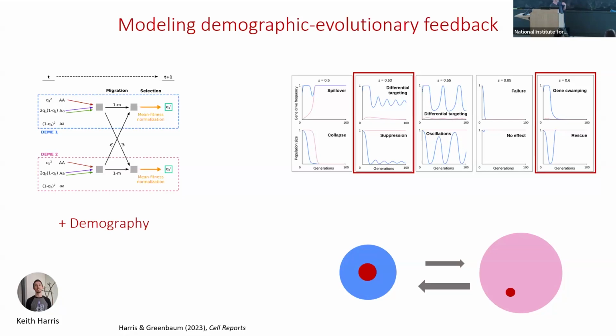This can be so extreme that it generates a gene swamping-like effect, not due to selection, but due to the balance between the non-Mendelian inheritance and gene flow. The gene drive can disappear from both populations, and then the population can be rescued. So this is an interesting outcome, which may be relevant for a fail-safe mechanism for a field trial of gene drives.